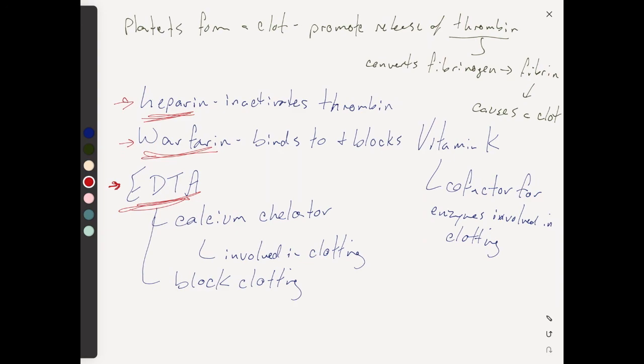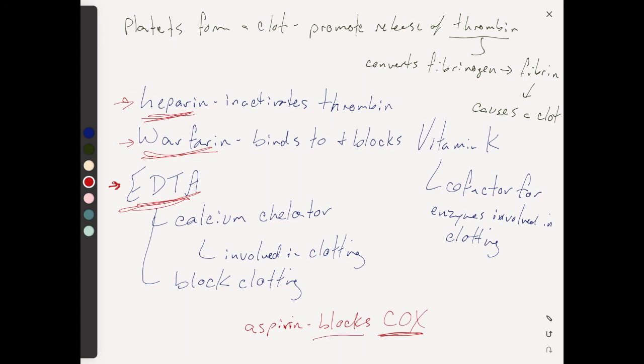Another thing that prevents clotting is aspirin. Now, aspirin blocks an enzyme called cyclooxygenase. Cyclooxygenase promotes platelet plug formation.